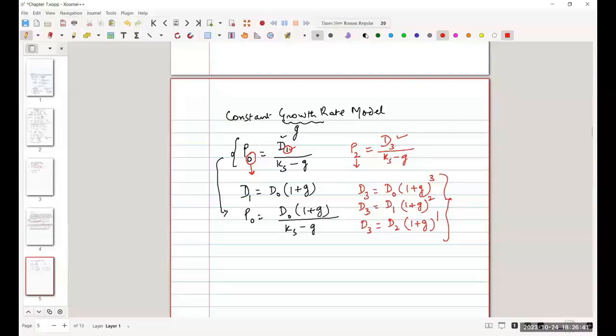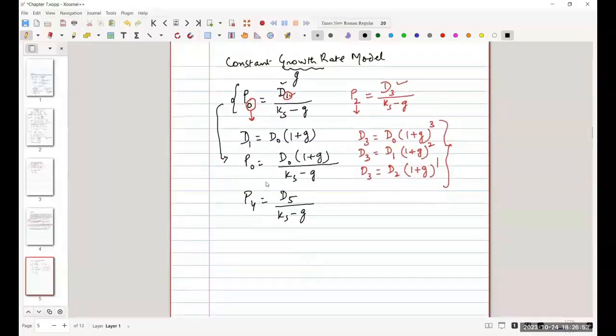So for example, randomly, if I say, what do you expect the price to be at the end of time period 4? Your instant response can be this. But somebody, depending on the data, might have written it as D0 into 1 plus G to the power of 5, over Ks minus G. That's correct. Someone else could have written it as this also.